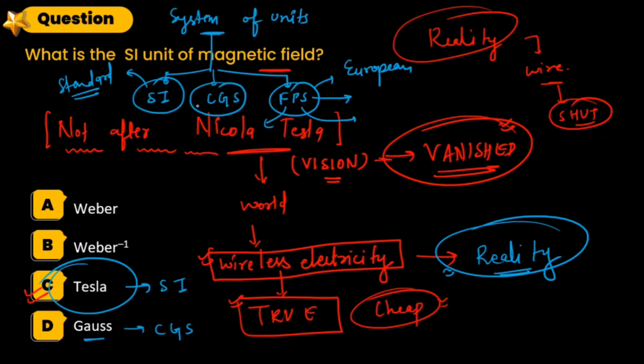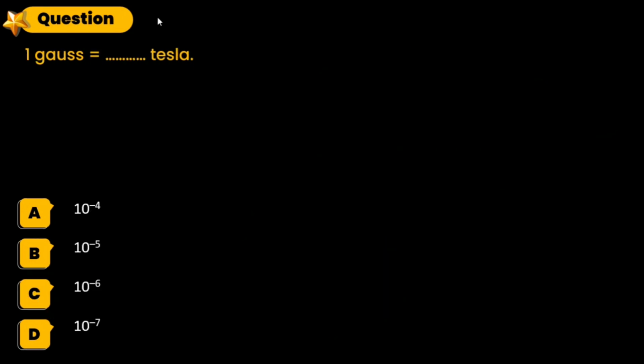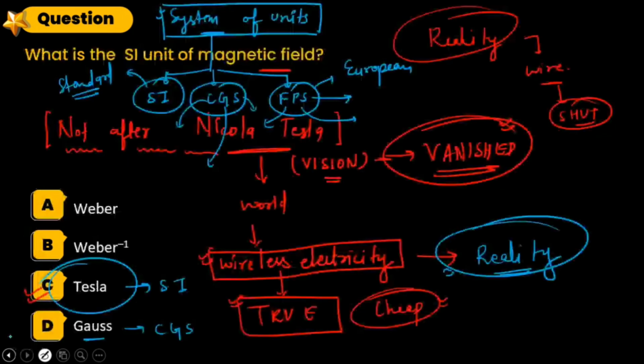Whereas in the CGS system, C represents centimeters, G represents grams, S represents again seconds. So all the fundamental quantities which can be represented by a different set of units will contribute towards the new system. What's important is that the SI system is very common, and every time we are solving any numerical, that numerical should be solved in SI units only. So remember this. Tesla is the SI unit of magnetic field, whereas Gauss is the CGS unit.